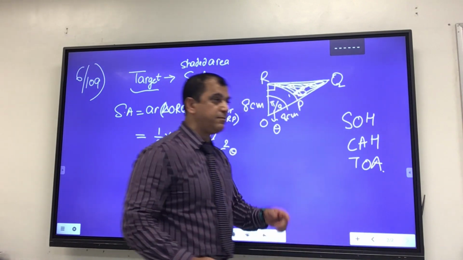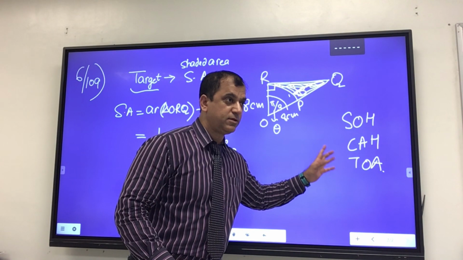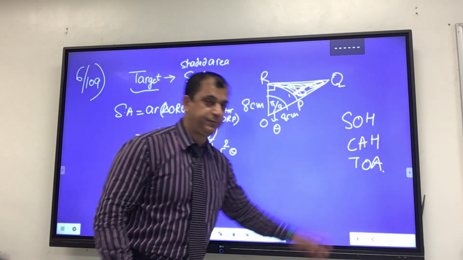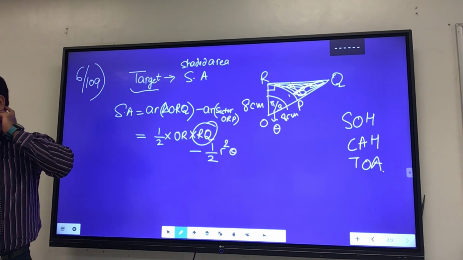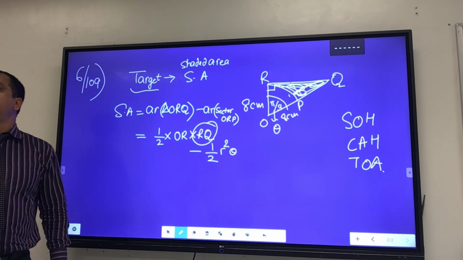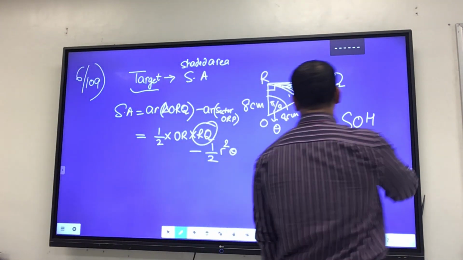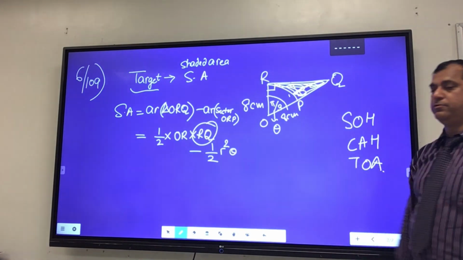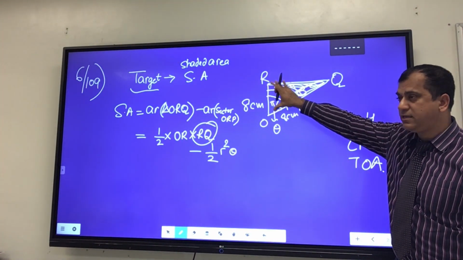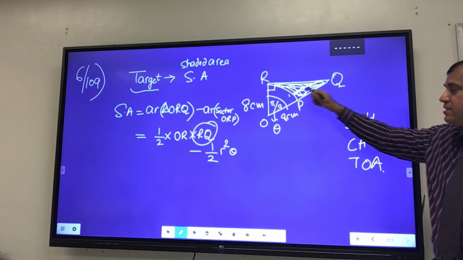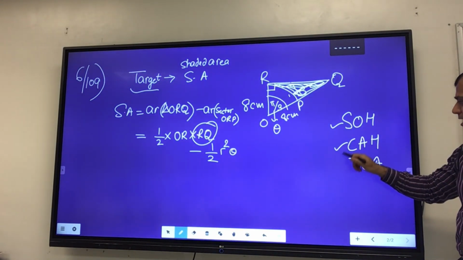I remember at that time you were very excited to learn. So now you tell me, what should I use, SOH, CAH or TOA, in the right triangle to find RQ? We are given RO, and we need to find RQ because this is a right triangle. The angle is given also. Should I use SOH, CAH or TOA?